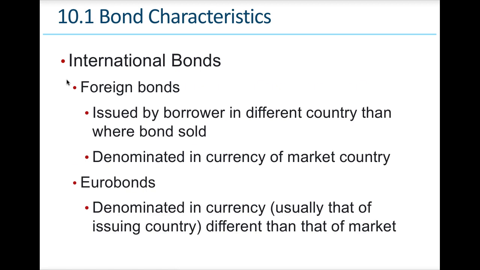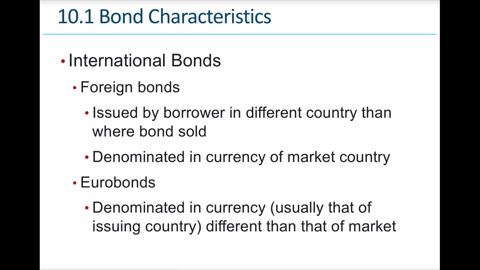Now, of course, depending where you are in the world, there are international bonds, which are foreign bonds issued in any country other than your home country where the bonds are sold. And they're going to be denominated in the currency of the country that they're issued in. So you could have bonds issued in Canadian dollars or Mexican pesos or the euro, or any real currency.